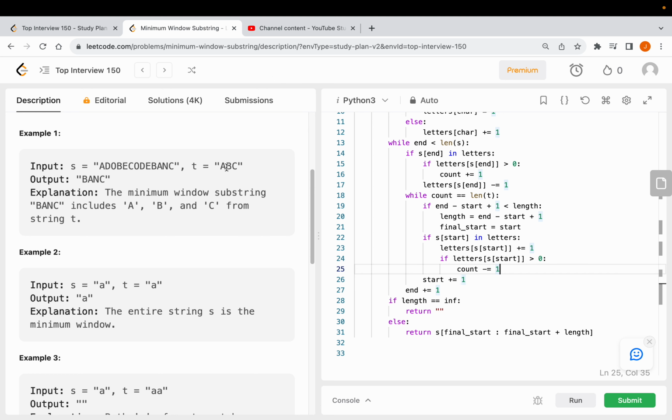Imagine T is still A, B, C, and S is something like A, B, B, B, B, B, B, B, C. So for the letter B, it is in this dictionary. Which means when we are going over all those B's, it is gonna be in the dictionary, it is gonna come in here. It is only gonna add in one count because we only need that one B. So after the first B, the frequency will become 0. So the count will just increment that time.